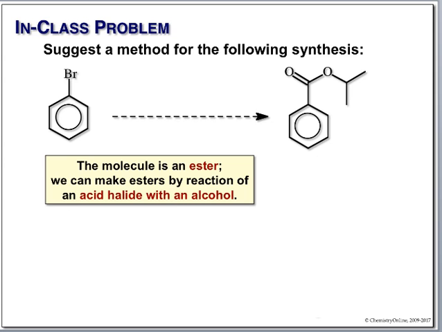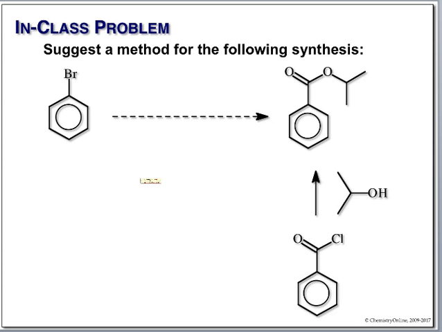In the reactants down here, this carbonyl should have been bound to a halogen, and this was a simple alcohol. So we could do that with this pair, benzoyl chloride and 2-propanol.